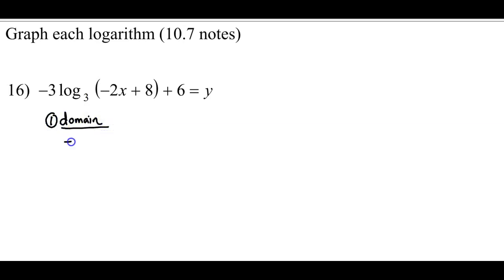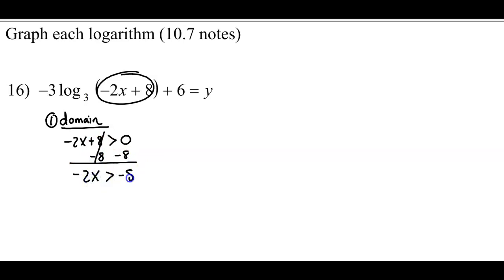You find the domain by taking this part of your log and making it greater than 0 and solving. Now remember, when this bottom number is a negative here, you're going to reverse your inequality around. So it's actually going to flip around like this after you do your division.